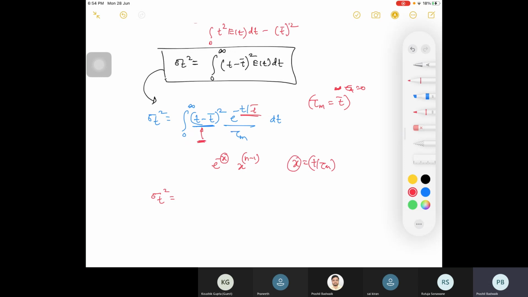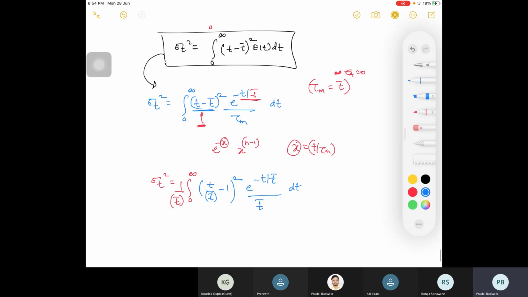If you want t by t mean, then please take out t mean common. If you take out 1 by t mean common, you will have (t by t mean minus 1) whole square e to the power minus t by t mean, divided by t mean or tau m, into dt.